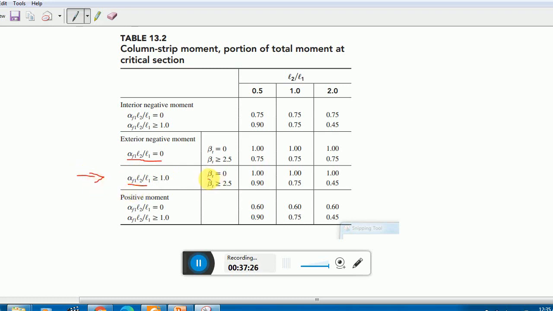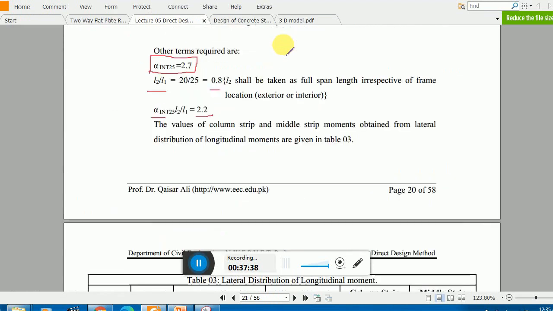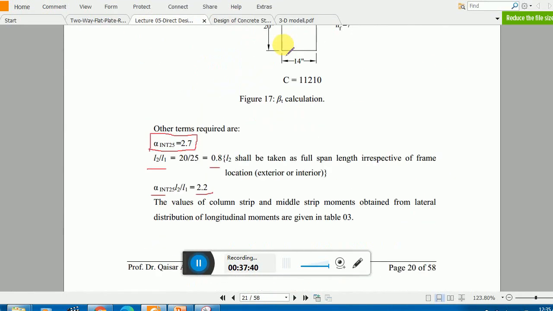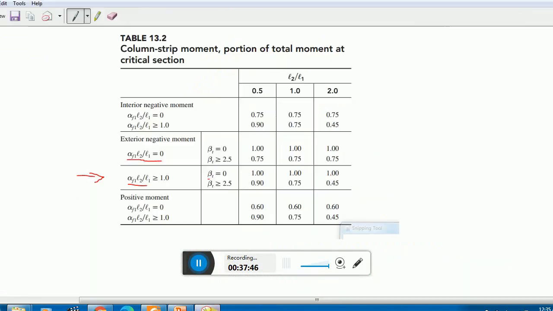Now here you see you have beta t, and beta t greater than 2.5 means that our required value of beta t is 0.81. Remember, if you understand this step, the rest of the calculation is simple. Only this part is a little bit tricky. So our required beta t value is 0.81.